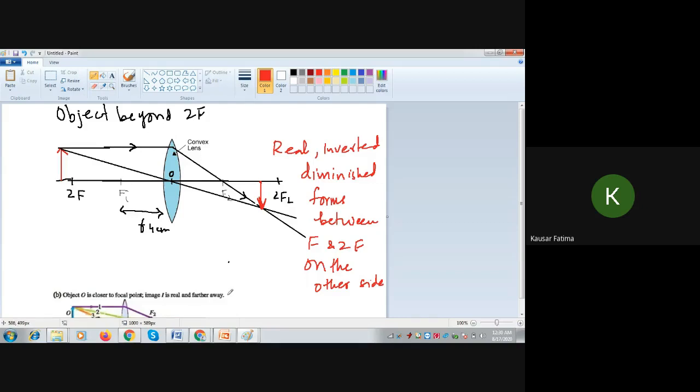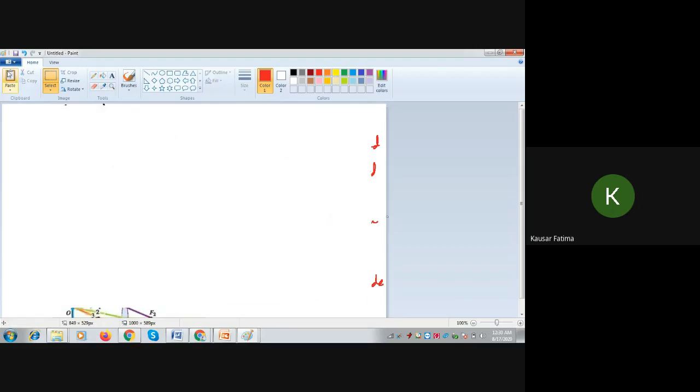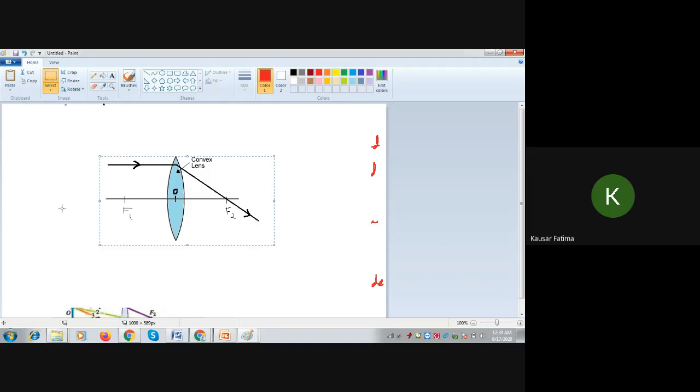What happens when the object is placed exactly at 2f? If the object is placed exactly at 2f, what will happen to the ray of light? Optical center, this is the principal axis.